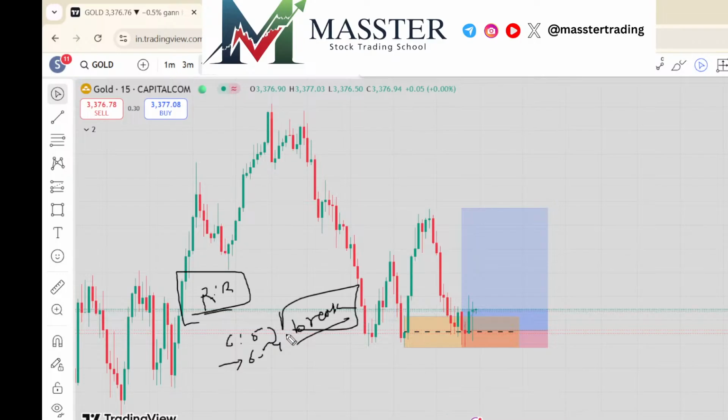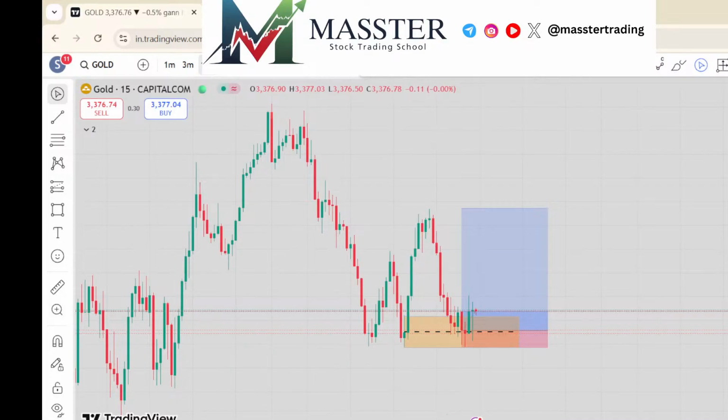So you have to manage the risk reward accordingly. And if from six trades you win three and lose three, you are in a much better profitability ratio.